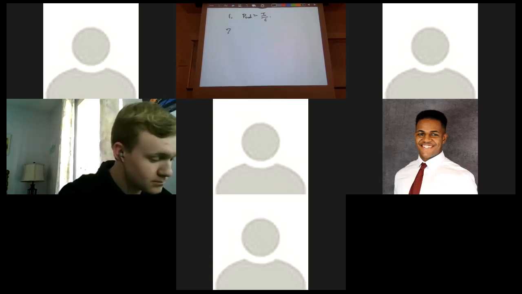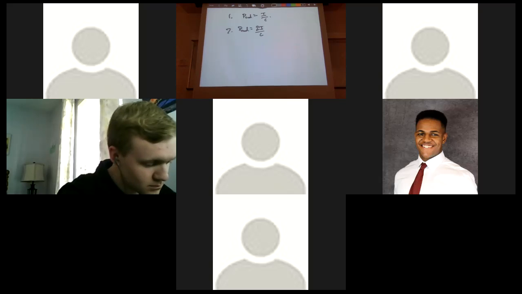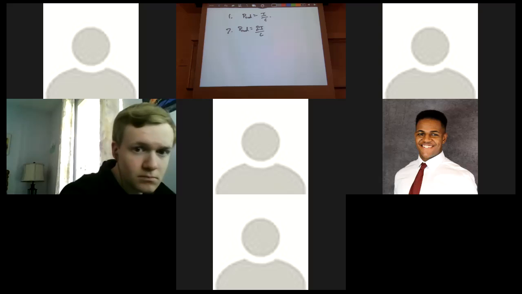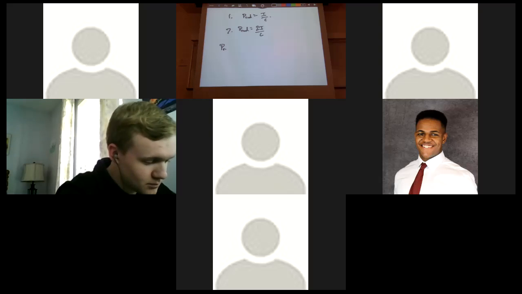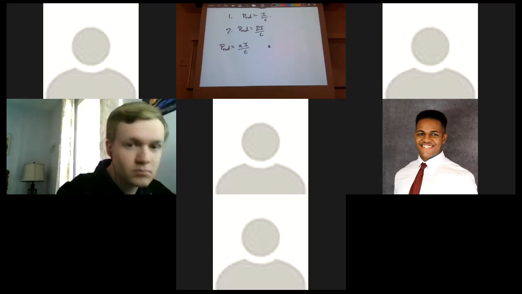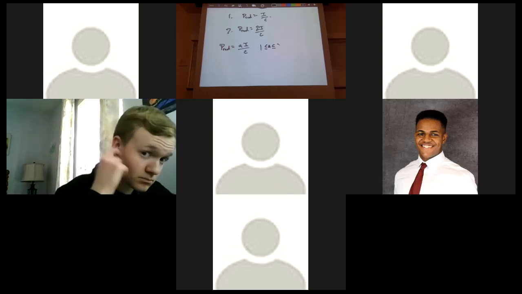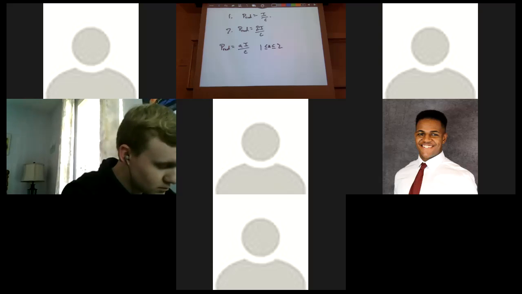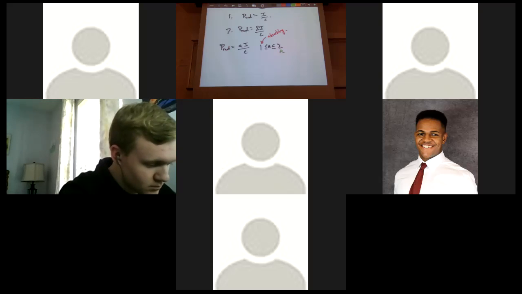In case number 2, my radiation pressure is equal to twice the intensity, since it's greater by a factor of 2, because I have twice the change of momentum, divided by the speed of light. So in general, the radiation pressure is equal to A, which is some constant, times the intensity divided by the speed of light, where A is anywhere between 1 and 2. Where 1 is when this thing is absorbing, and 2 is when this thing is completely reflecting.